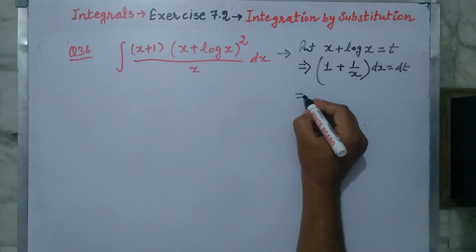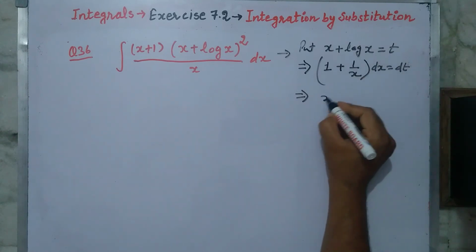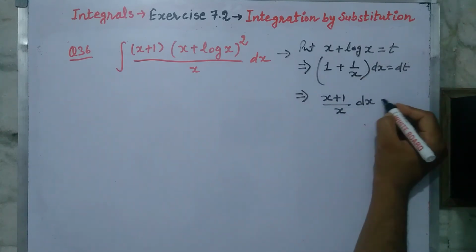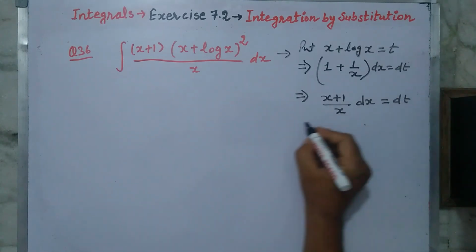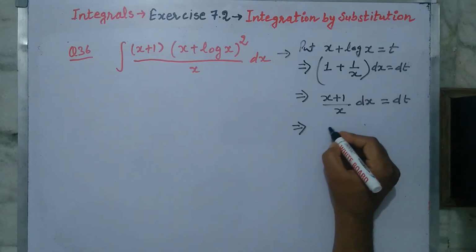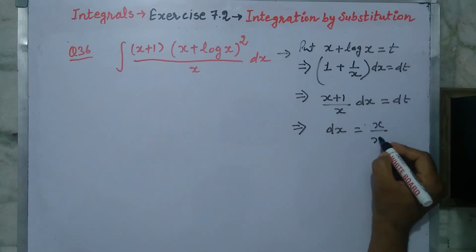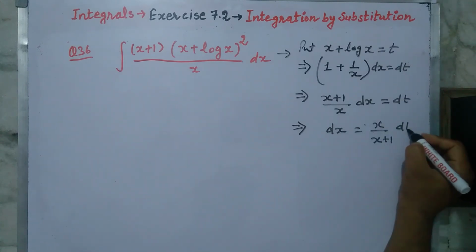So this means x plus 1 upon x dx is equal to dt. This means dx is equal to x upon x plus 1 into dt.